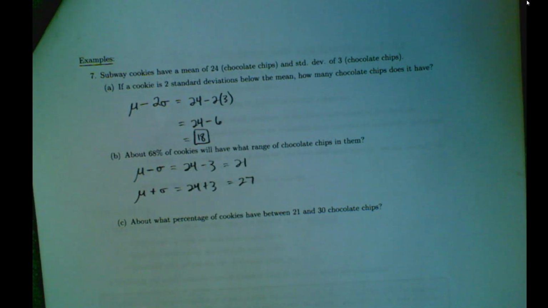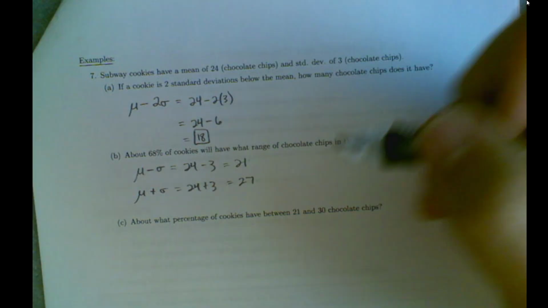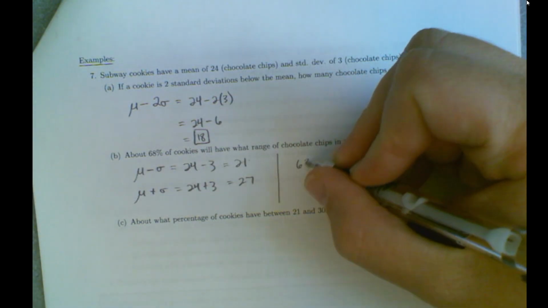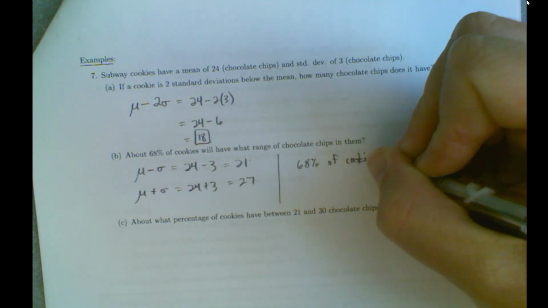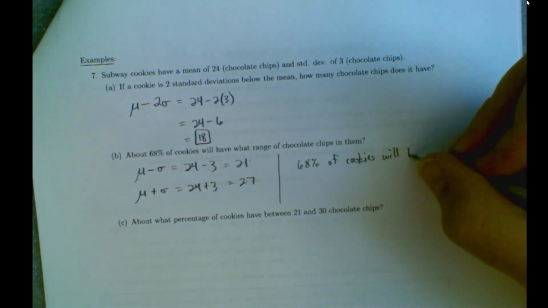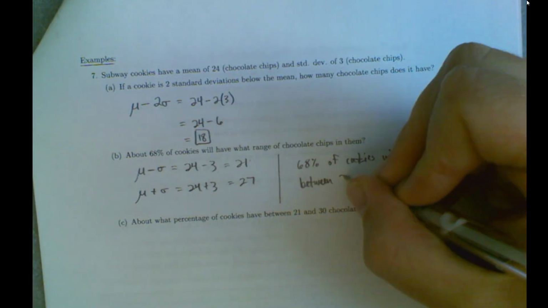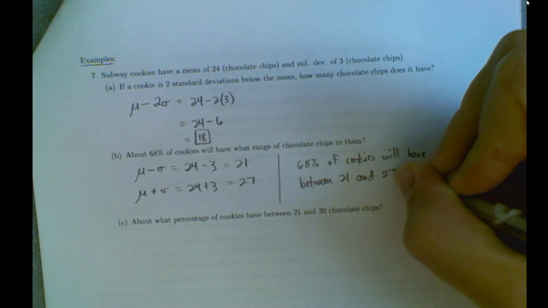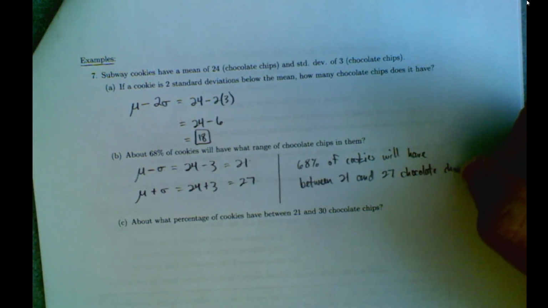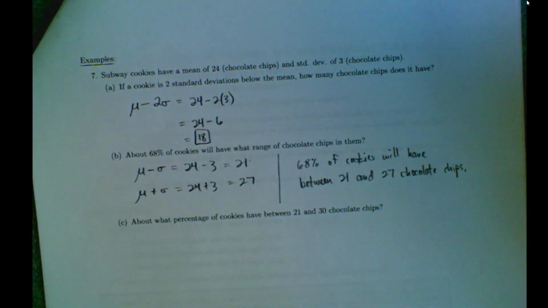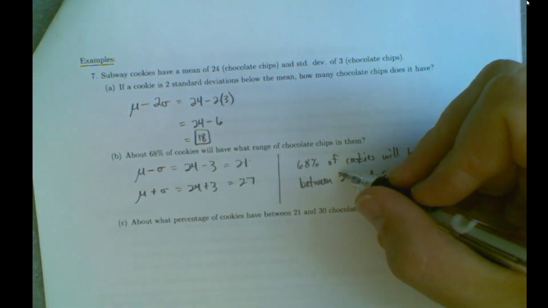And so we can say 68% of cookies will have somewhere between 21 and 27 chocolate chips in them. Okay. So 21 and 27.